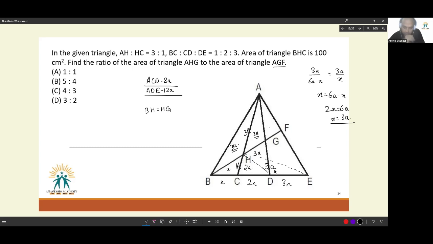So then that bleeds into HDG area. I don't want to bleed into that area. I can do this. Sorry. I can join this line from G itself.